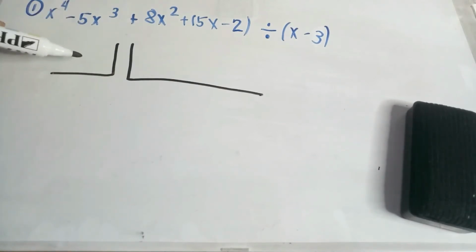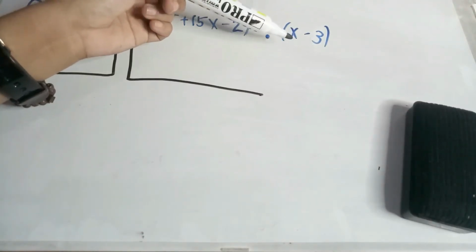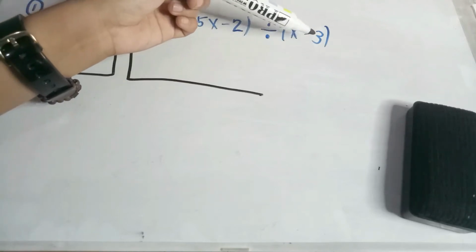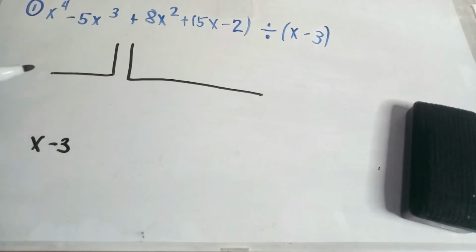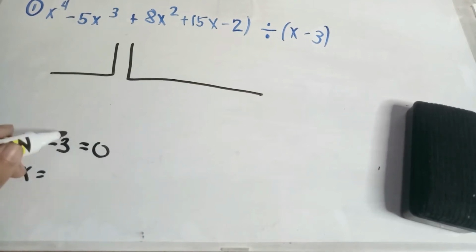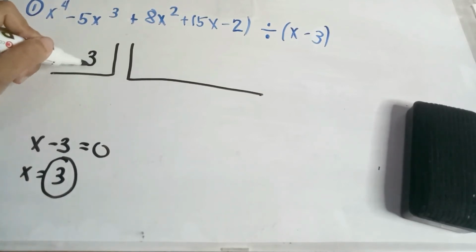In it, we will write the value from the divisor: x minus 3 is equal to 0, so that we can get the value of x. X is equal to positive 3. So we will write 3 in the inverted division sign.